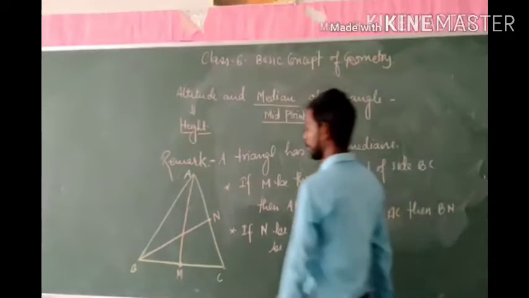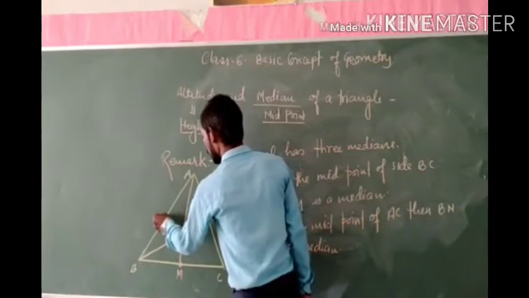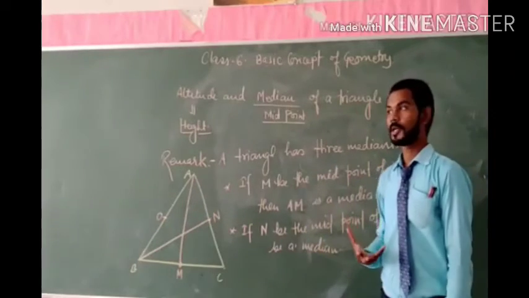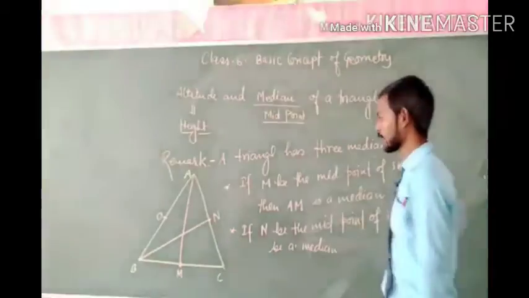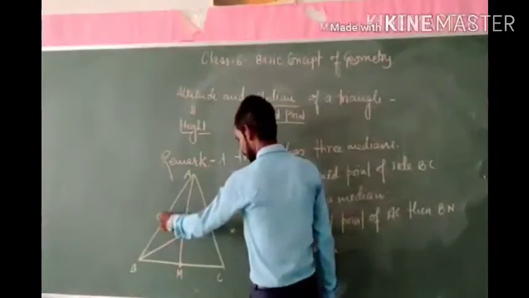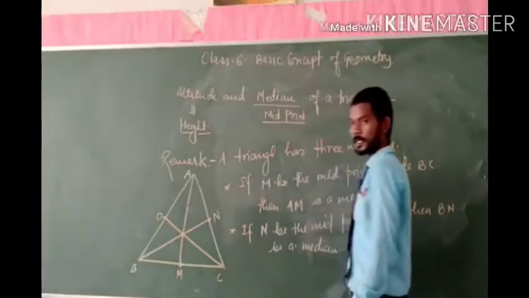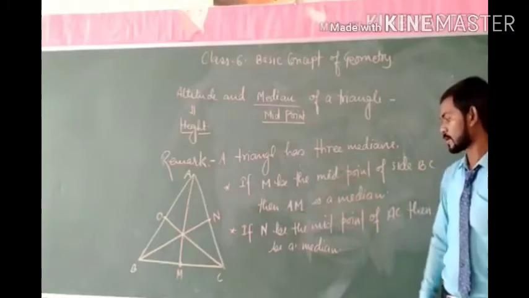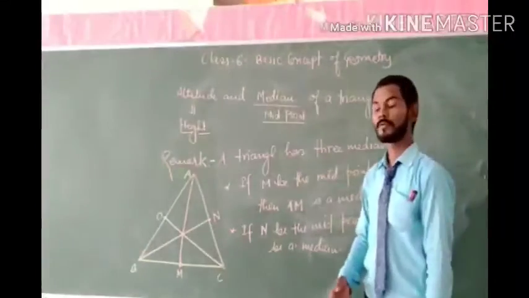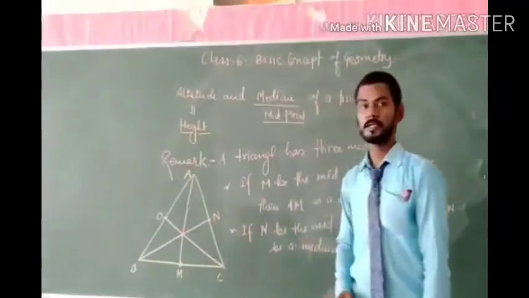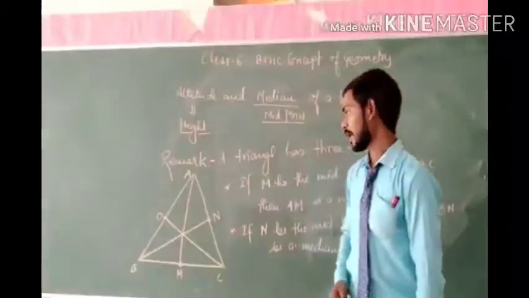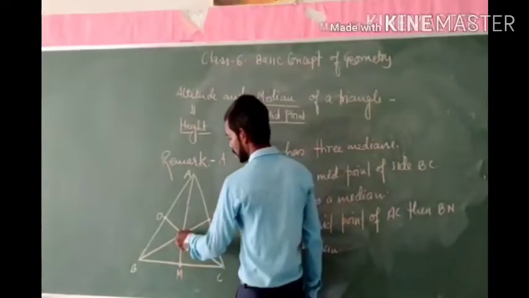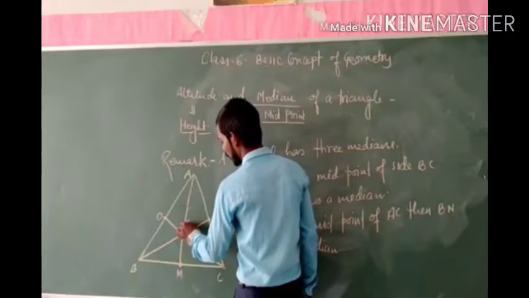And also, if O be the midpoint of the side AB, then the line segment OC is the median of the triangle. So here we can see that a triangle has three medians, and all these three medians intersect each other at the point E.